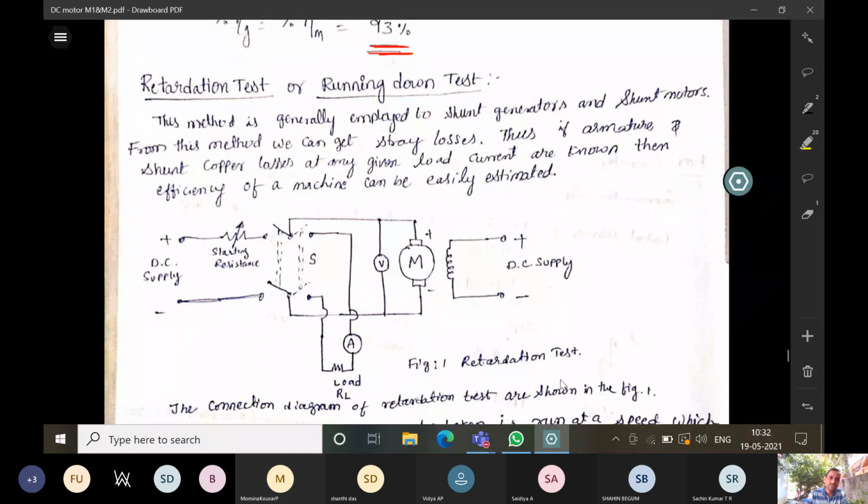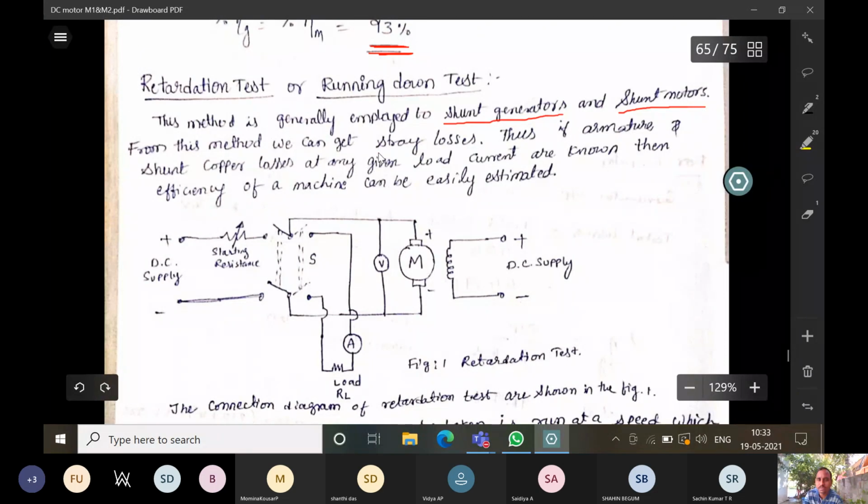This method is generally employed for shunt generators and shunt motors. From this method we can get the stray losses, which means constant losses. If armature and shunt copper losses at any given load current are known, then the efficiency of the machine can be easily estimated.